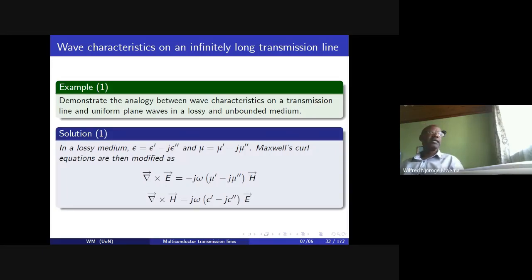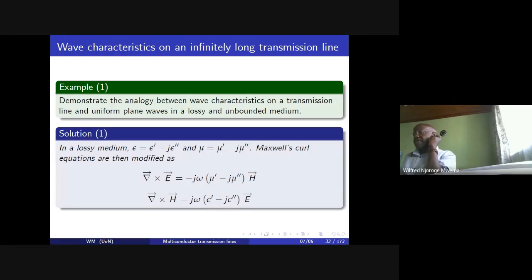That is, the curl of E is going to be given by minus j omega times mu prime minus j mu double prime, multiplied by H. That is, it's going to be equal to minus the time derivative of the magnetic flux density. And the curl of H is going to be given by the displacement current, the time derivative of the displacement current, which we have assumed in this particular case has a harmonic time dependence.